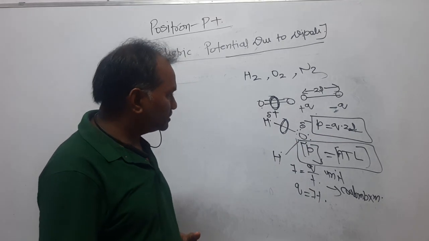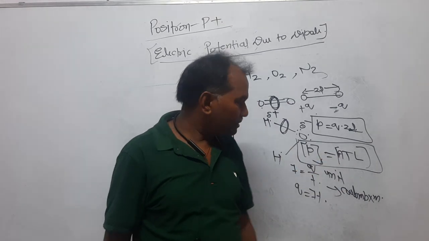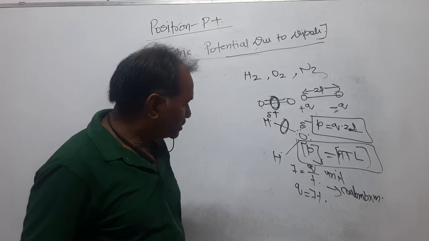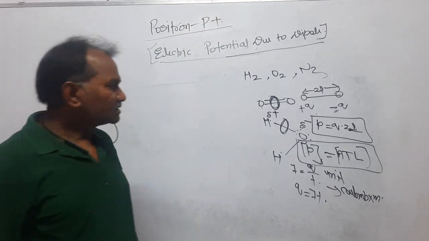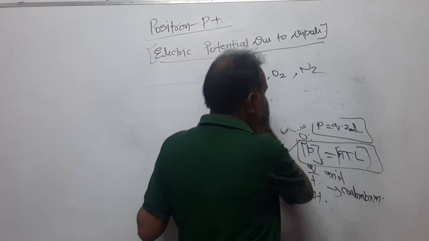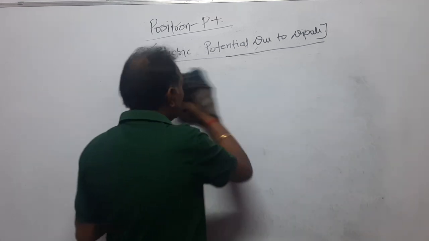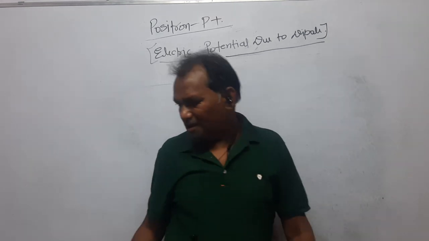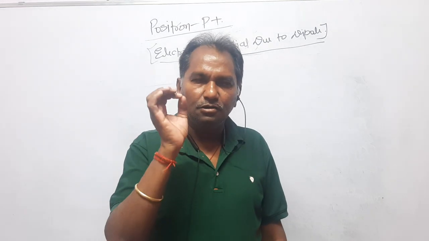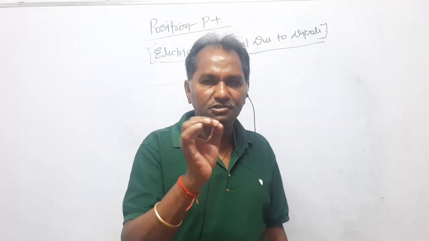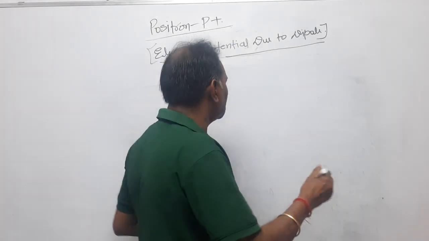Now, dear students, this is the dimension of the electric dipole moment, and this is the unit of dipole moment. The very important thing we have to know: I have said that an electric dipole is a system consisting of two charges equal in magnitude, opposite in nature, separated by a little distance between them.